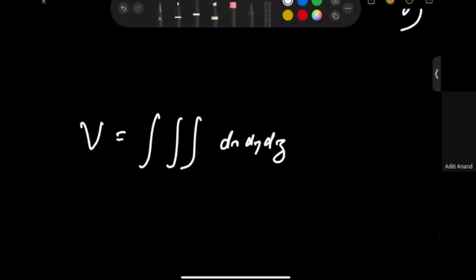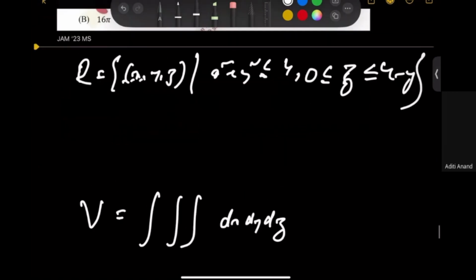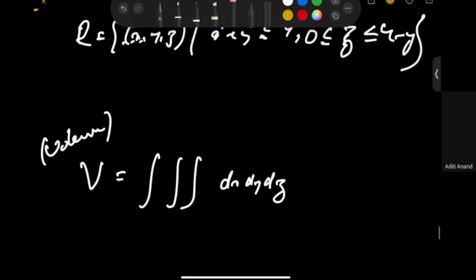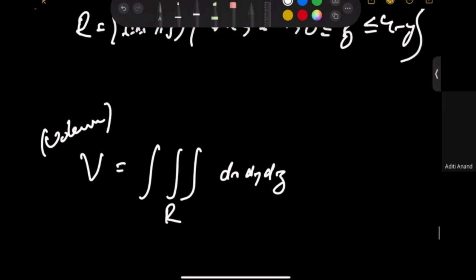So the formula rather is that volume V is the triple integral of 1. We don't have to write the 1, but that is it. Dx, dy, dz, and you have to cover it over the entire region R.